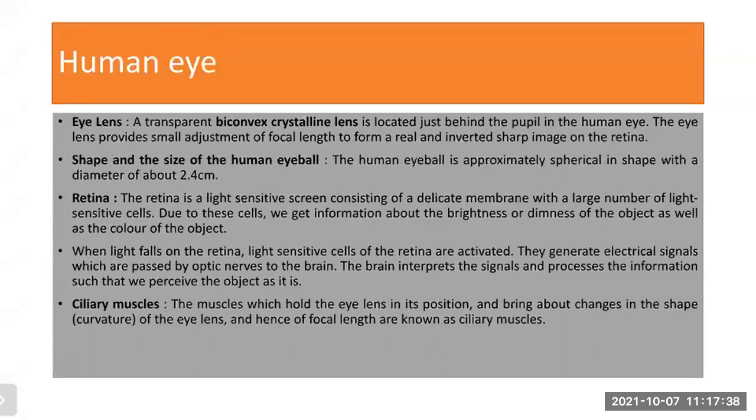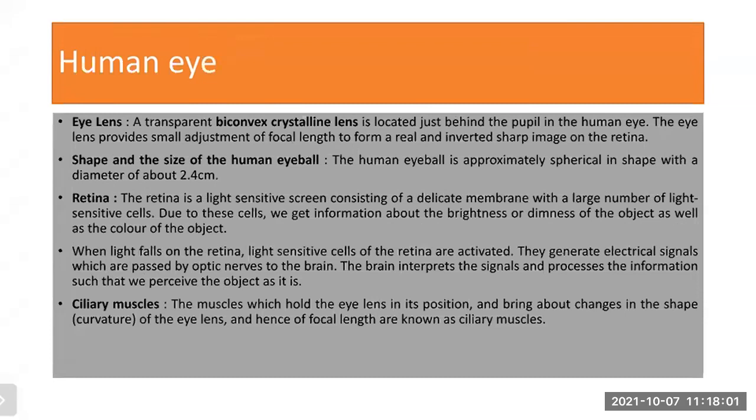Then, after that, you have the eye lens. Now, just see where the eye lens is located. A transparent biconvex crystalline lens. See here, which type of lens is present? Biconvex crystalline lens.